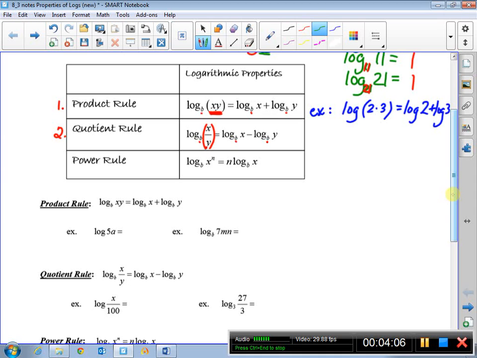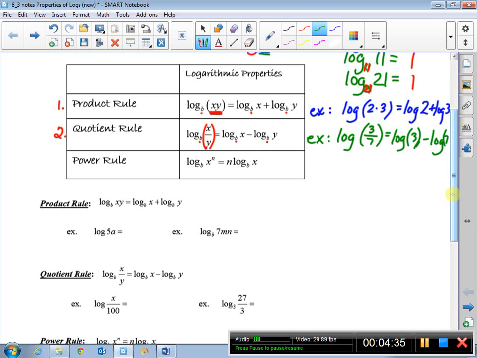So a quick example of this. Let's do a numerical one so you can confirm it on your calculator. The log of 3 divided by 7. So the log of 3/7 should equal, does equal, the log of 3 minus, let's make sure that looks like a minus, the log of 7.